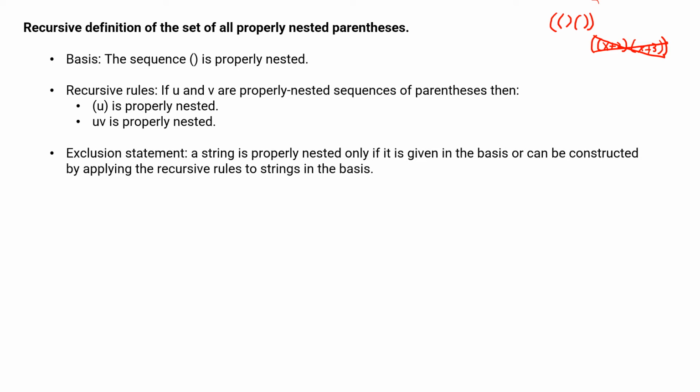And let me just draw something that would not be properly nested. Let's see, how would that work? Well, for one thing, that's not properly nested because I've got the right one first, and we know that doesn't work. But I could also maybe have this and then like that.